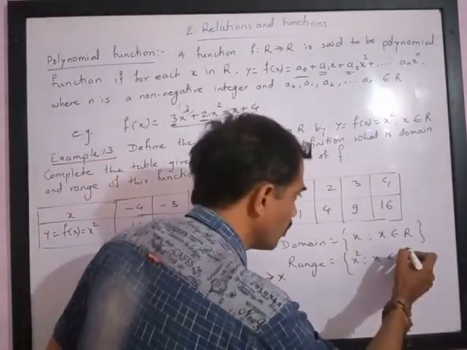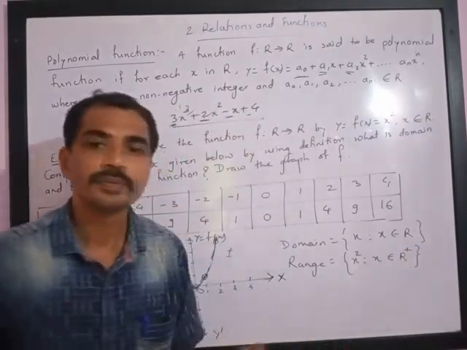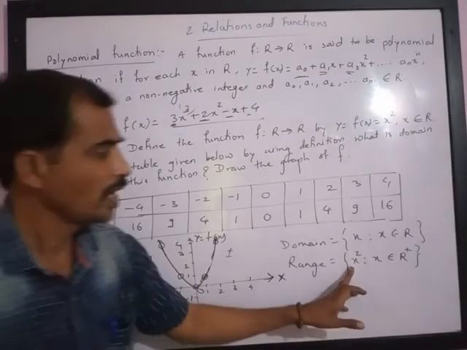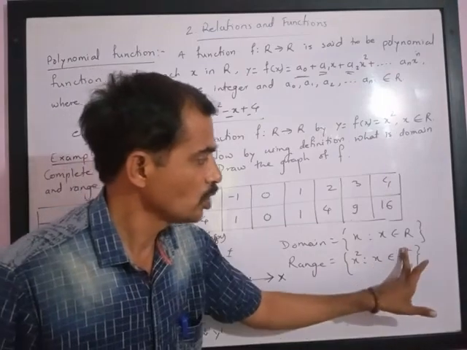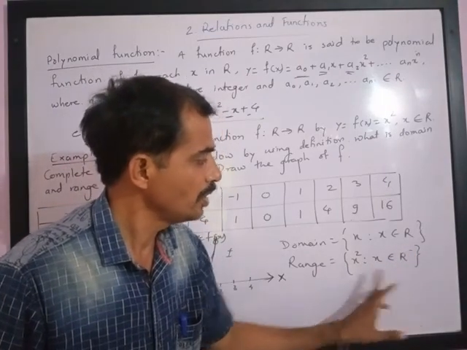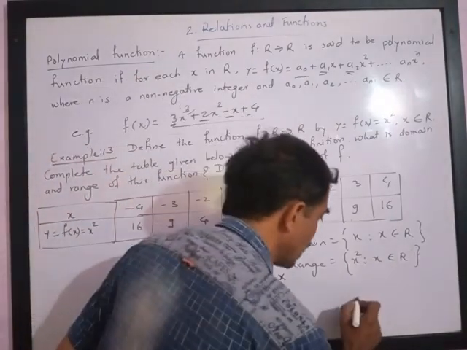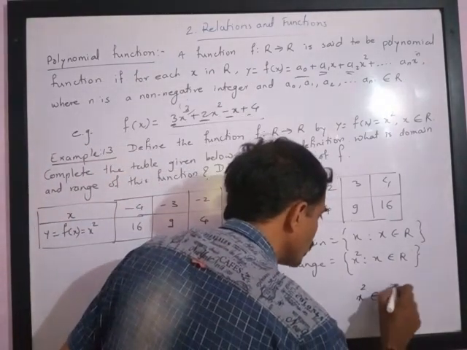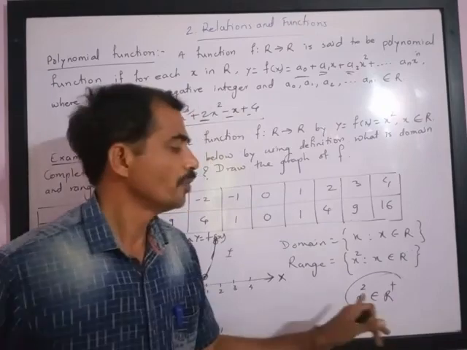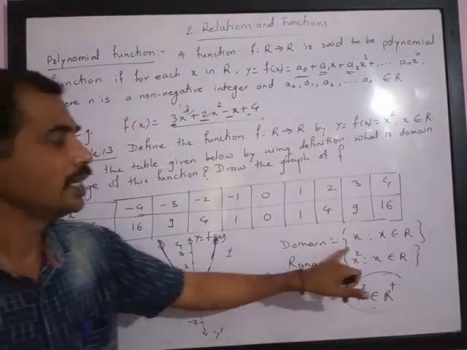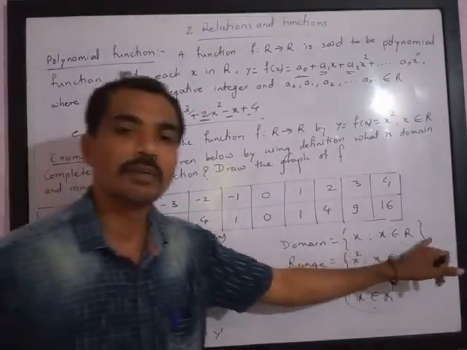So we can say positive real numbers. x square is always positive. x belongs to real numbers, x square will belong to positive real numbers. So this is the range, and the domain is the set of real numbers.